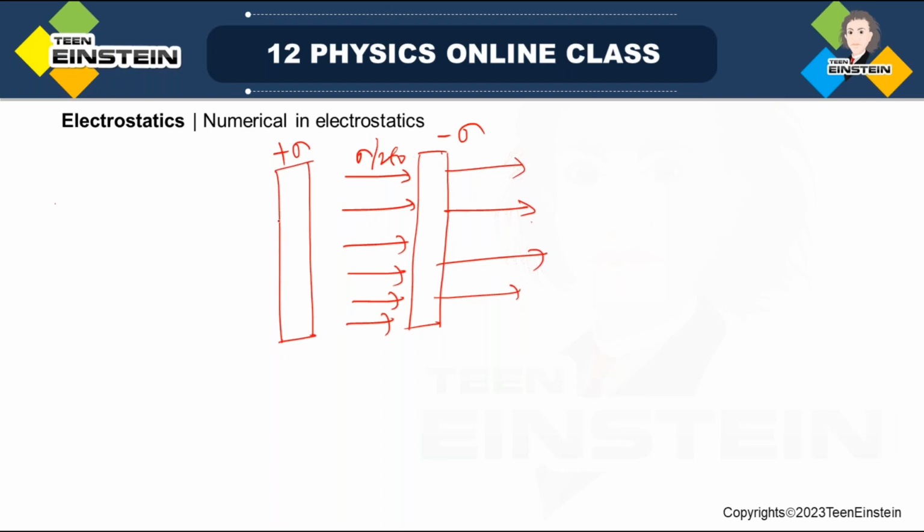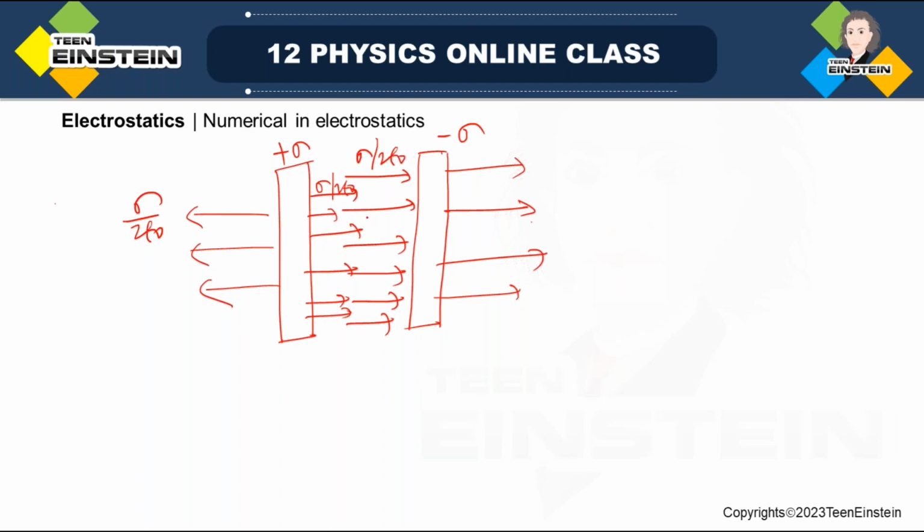Now for the positive charge, at this place, electric field lines will be like this, and the value will be sigma by 2 epsilon 0 again. Electric field lines due to the positive charge in this region will also be in this direction, again given by sigma by 2 epsilon 0.